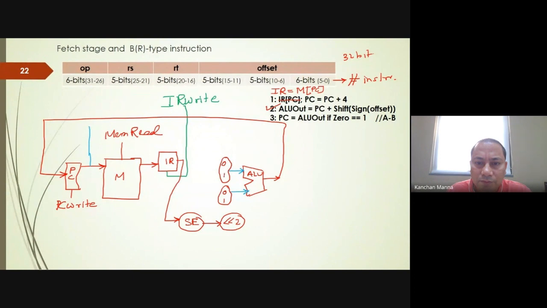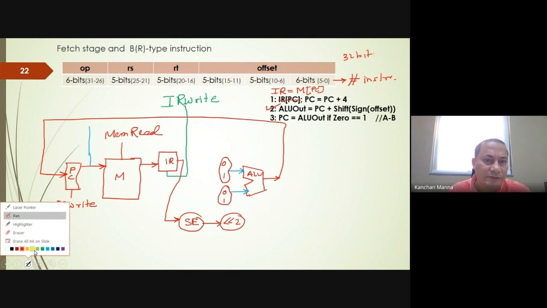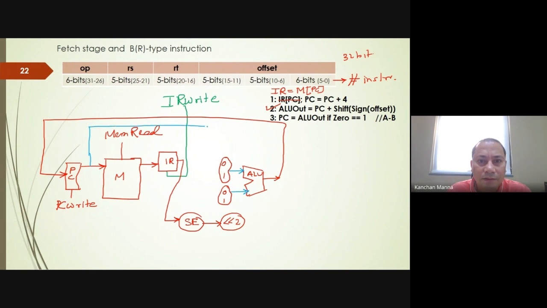Now, if you remember, when we insert a multiplexer, we always have to specify the input labels, because otherwise it would be a very ambiguous scenario. So you have to always remember that. Through this path, PC and PC plus 4 will come.